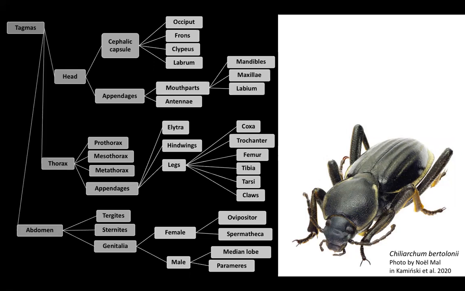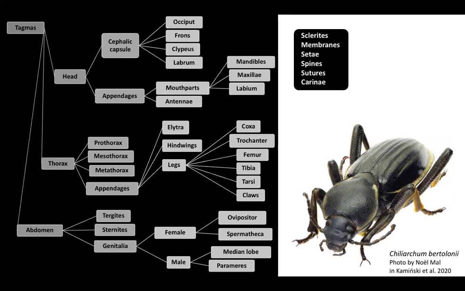We also need to consider the presence of sclerites, membranes, and setae, for example, and keep in mind the relative position of each structure. As you can imagine, we would struggle to get all these terms, their relationships, and the overlapping hierarchies involved in a simple database. That is why we are using an ontological approach to represent our knowledge of beetle anatomy.